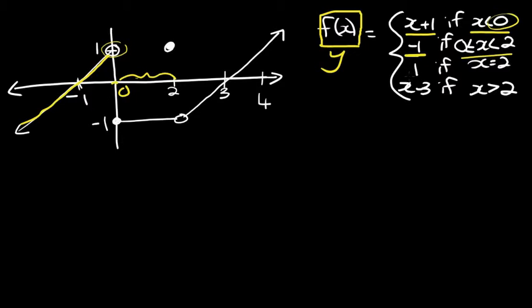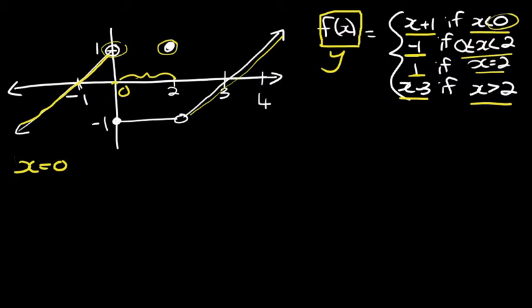And the y value is 1 where x is equal to 2, and that's that dot there. And then the y value is x minus 3 if x is greater than 2, and you can see that line there.